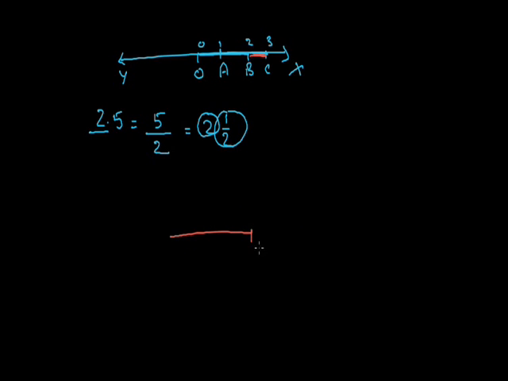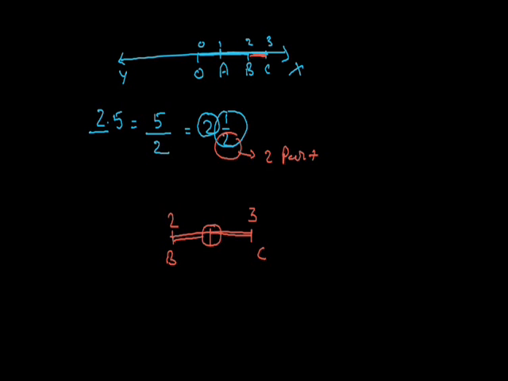Here this is C, this is B. B represents 2, C represents 3, and we divide this. The denominator is 2, so we divide this into 2 equal parts. Here is the first part, this is the second part. So we count from 2 to 3.